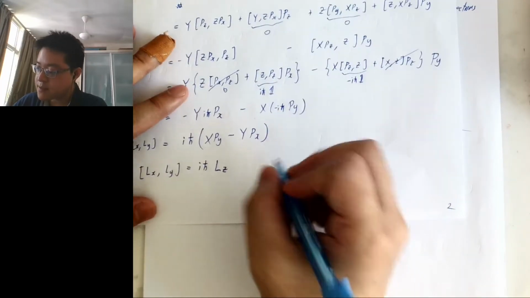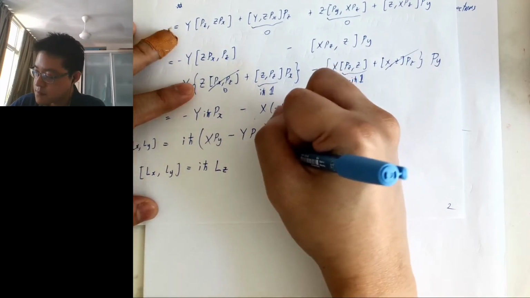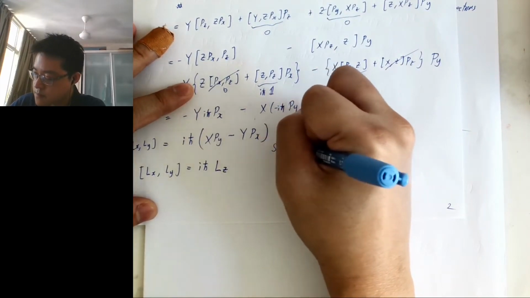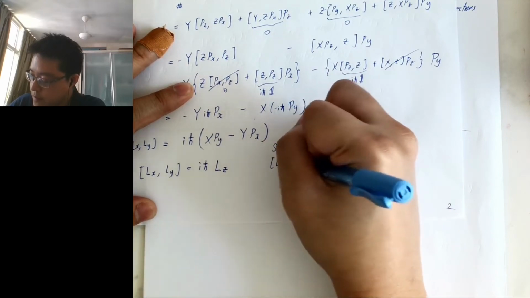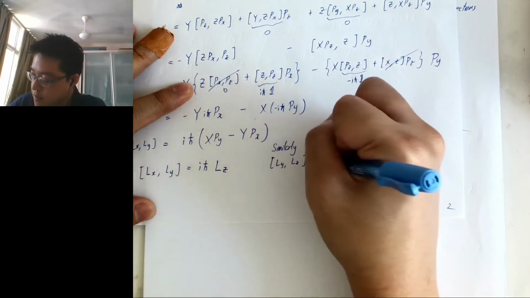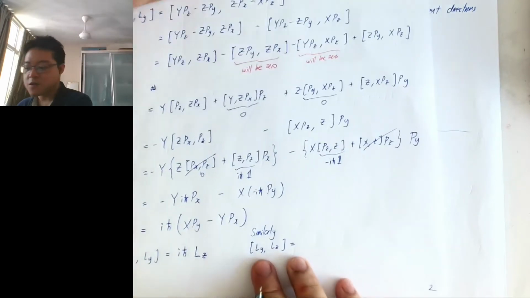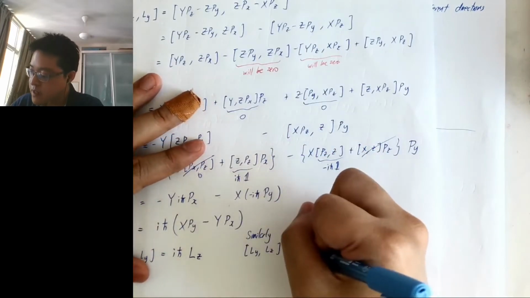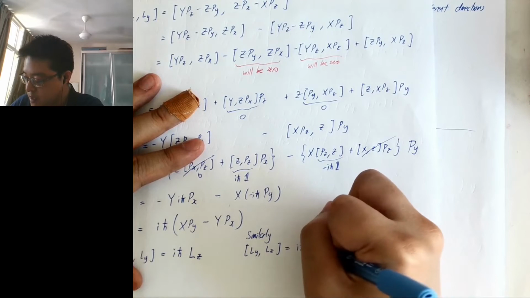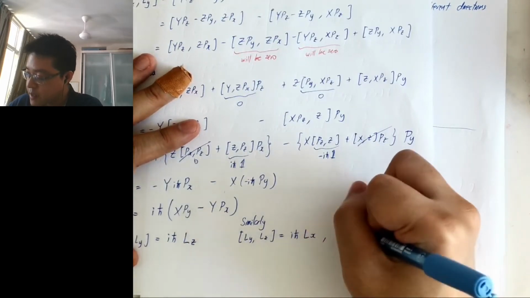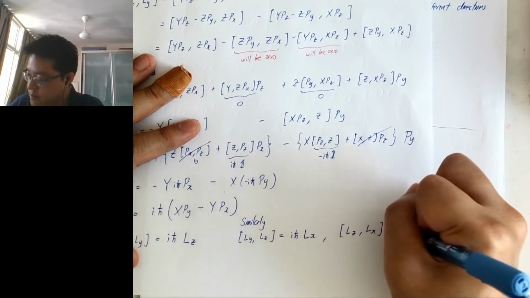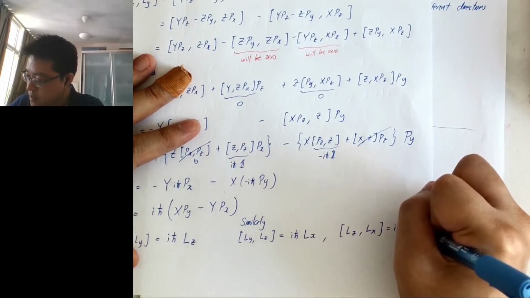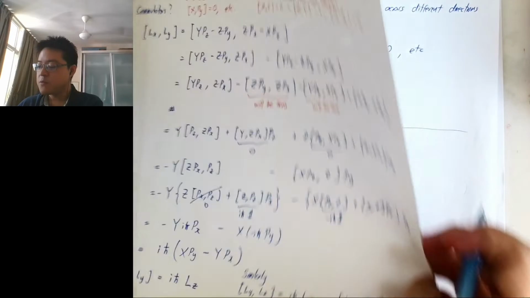By similar methods, we can also calculate Ly, Lz. If you go through this whole thing over here, you also get something similar, but now it's Lx. And then if you do Lz, Lx, it is equal to i h bar Ly. Okay, so we got this.